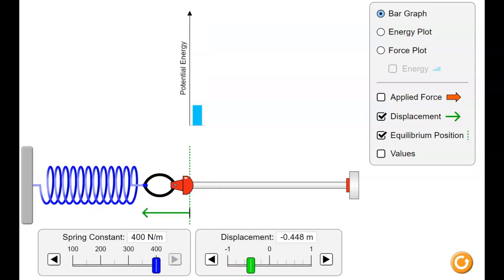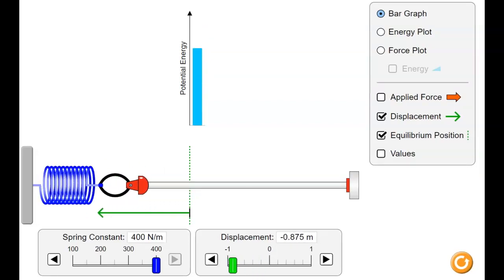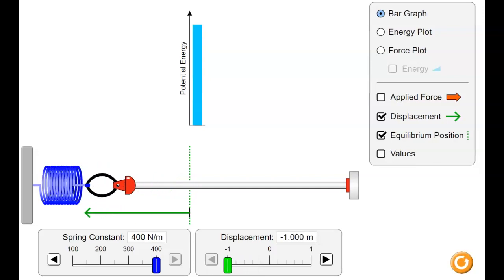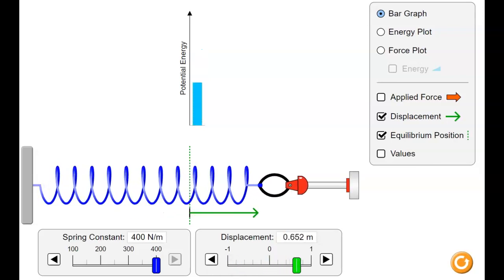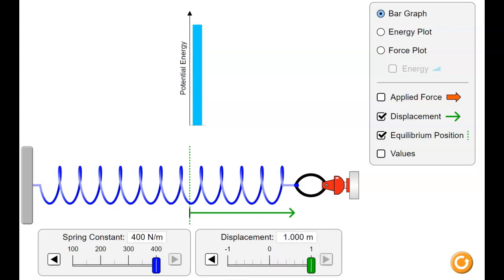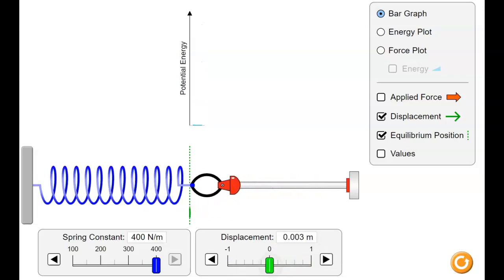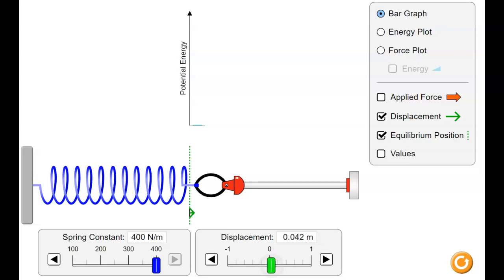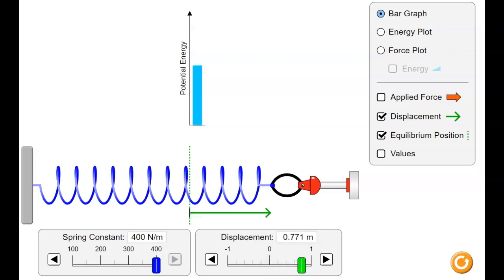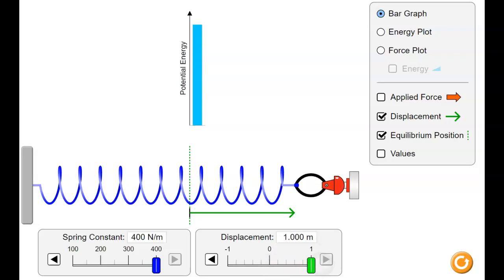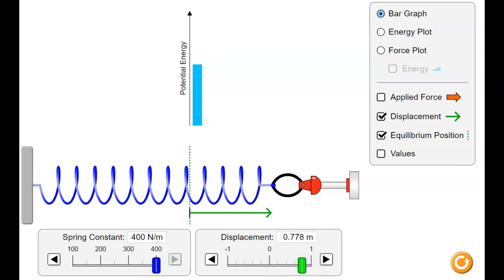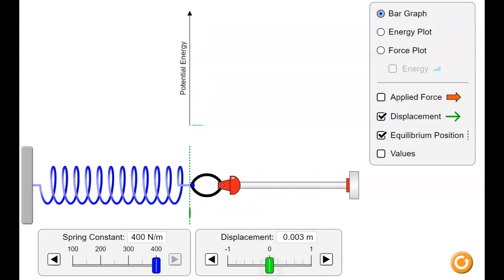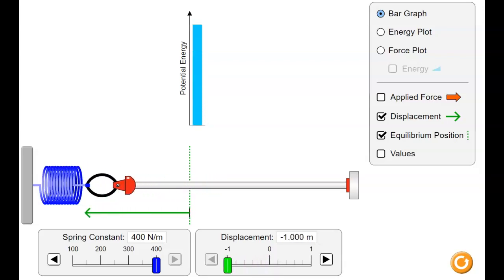Okay, so the blue bar graph that you see on top, that is just graphing the potential energy. We don't need to worry about that one because we're not in physics. But I want you to look at what happens to the displacement when I move it from 0 to 1. And so it's going to go like that. It's being stretched. So it moves to the right. And then I can go back to 0, and that could be its equilibrium point, and then I can move it back to -1.